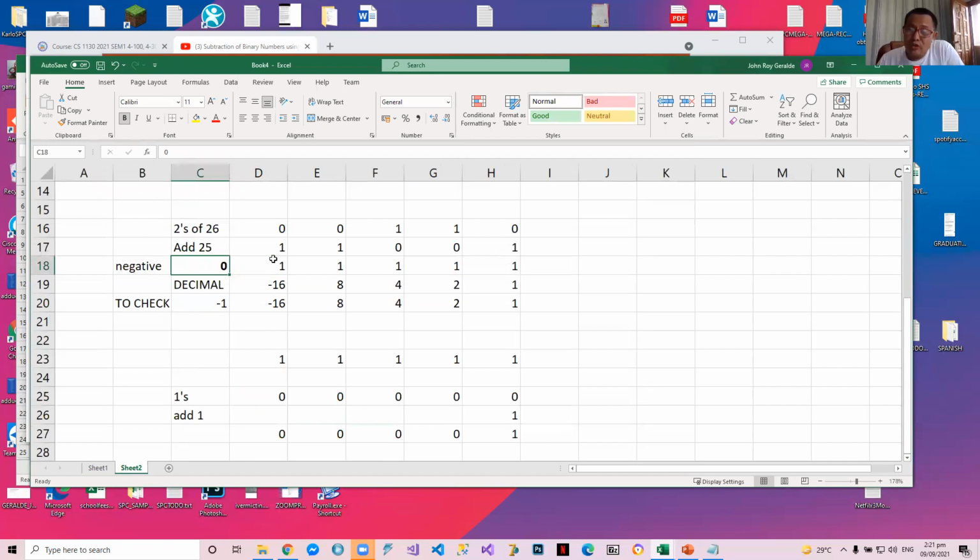This is different from floating point, okay? In floating point, we reserve the last bit as an indicator for the sign. In floating point representation, the leftmost bit is a sign bit. It's reversed in floating point: if the bit is a 1, that's negative.